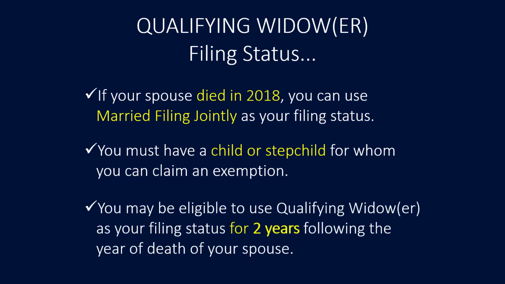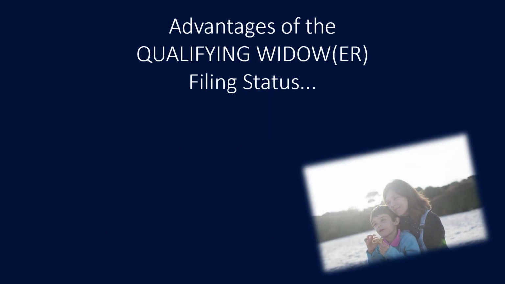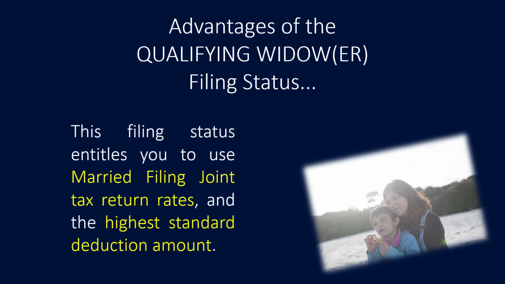And you may be eligible to use it for 2 years following the year of death of the spouse. Some advantages of the qualifying widow or widower filing status: this filing status entitles the taxpayer to use married filing joint tax return rates and the highest standard deduction amount.